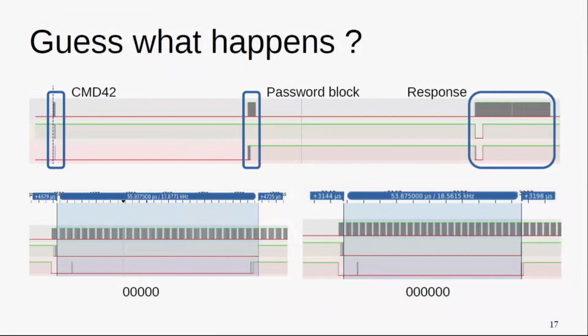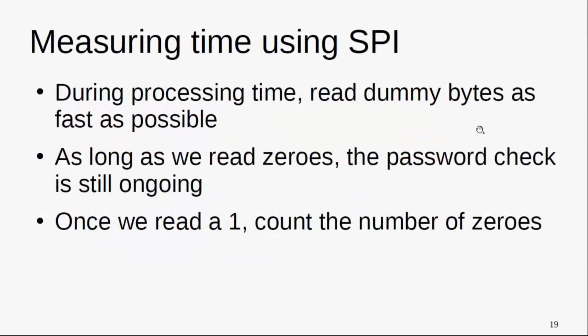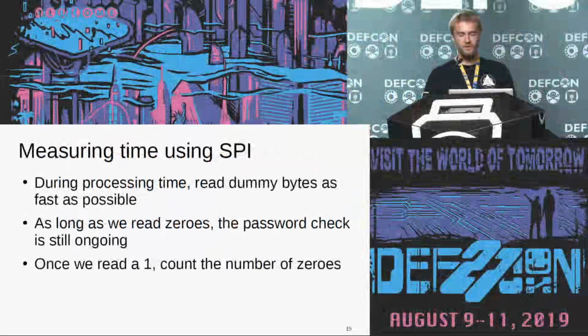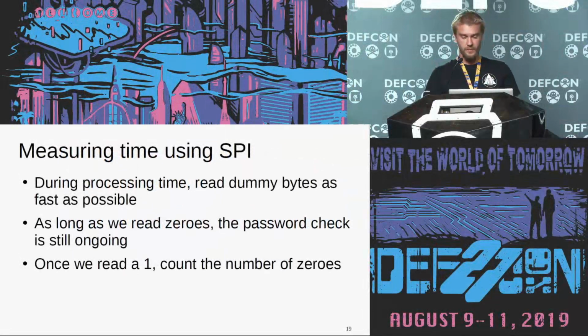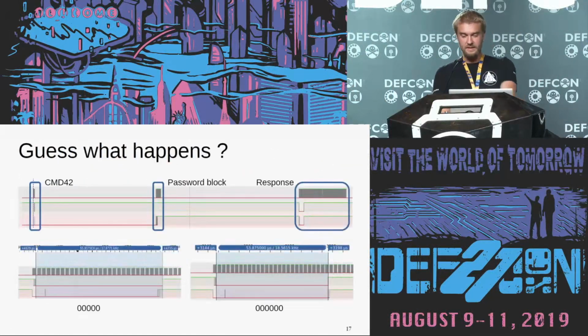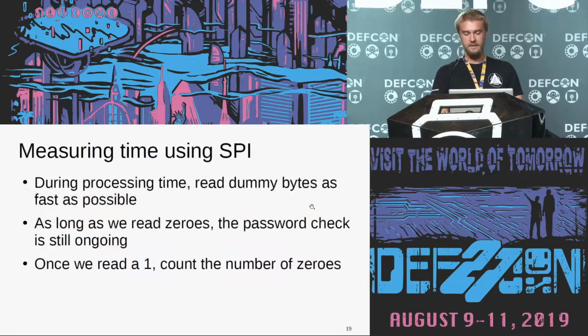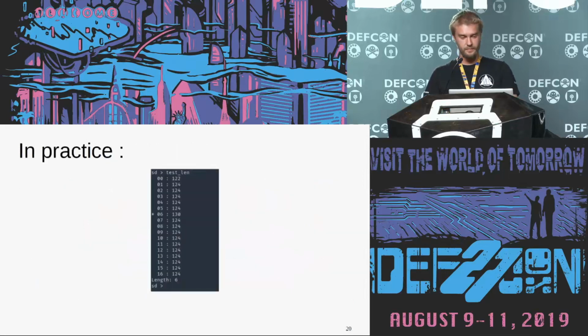Since all those bits will be at 0, I can count them, and I will know how much time it took to check the password. And once I detect a 1 again, once it's finished, I know the computation is over, and I can do something.